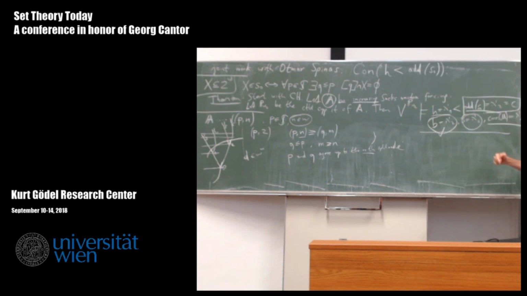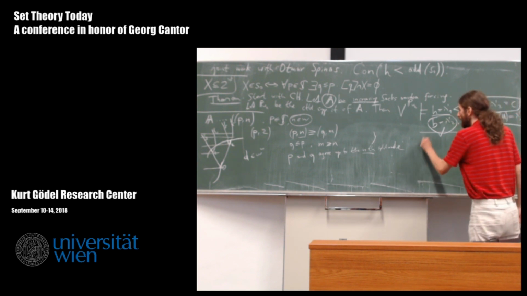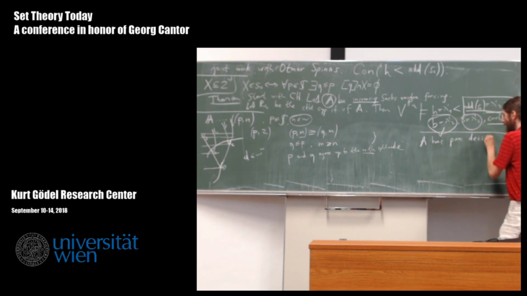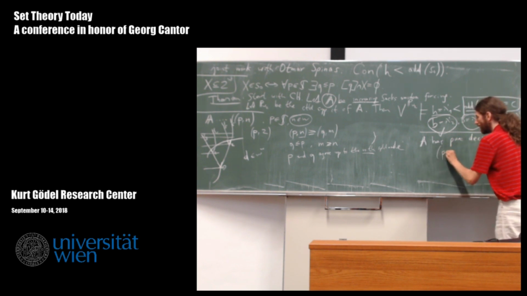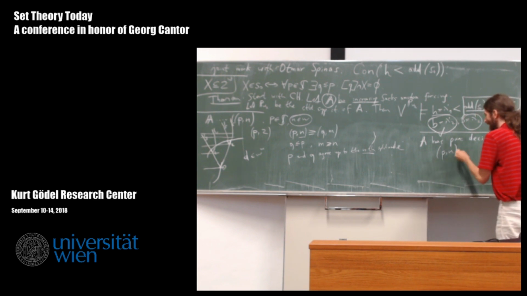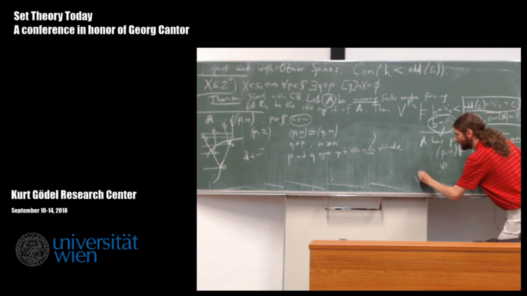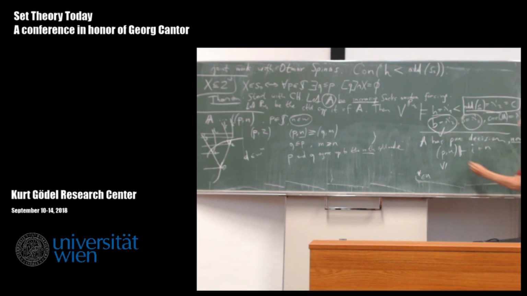So to show that no Cohen reals are added, you have to prove that it has the pure decision property. So actually A has pure decision, which means that given a P_n and a natural number, and a name, then you can find a specific element and a pure extension, which means that you do not have to increase the number of fixed nodes.